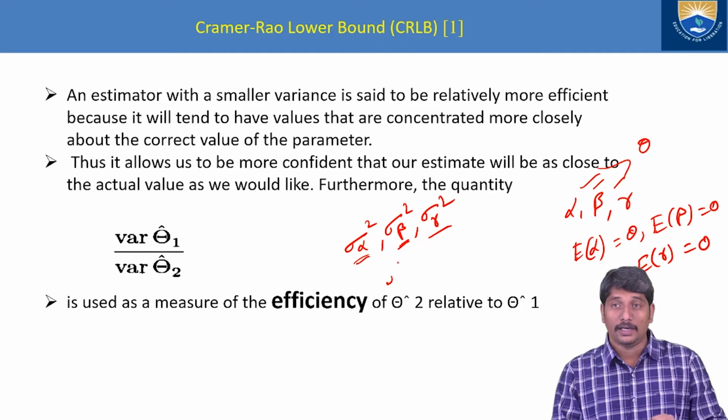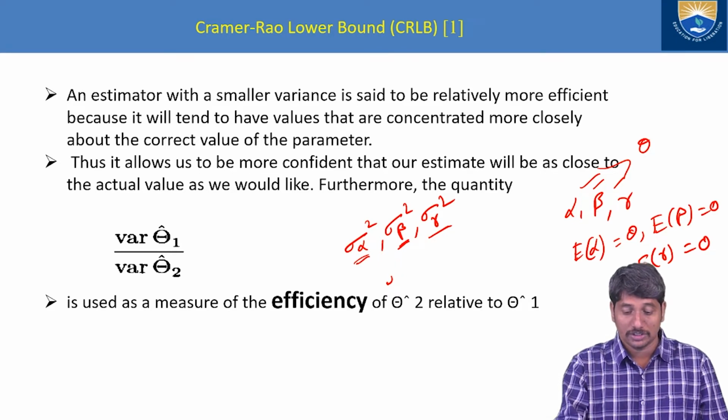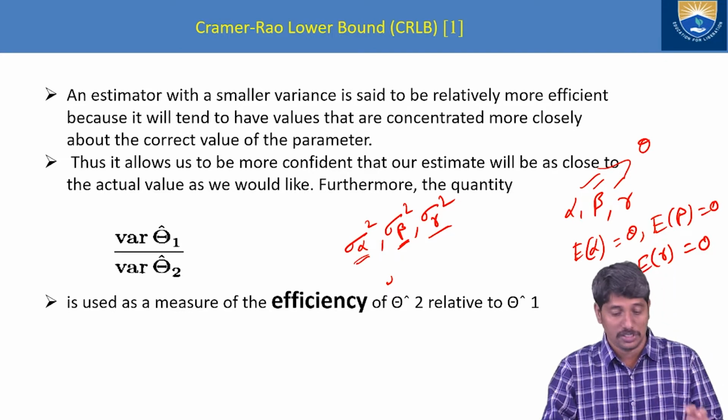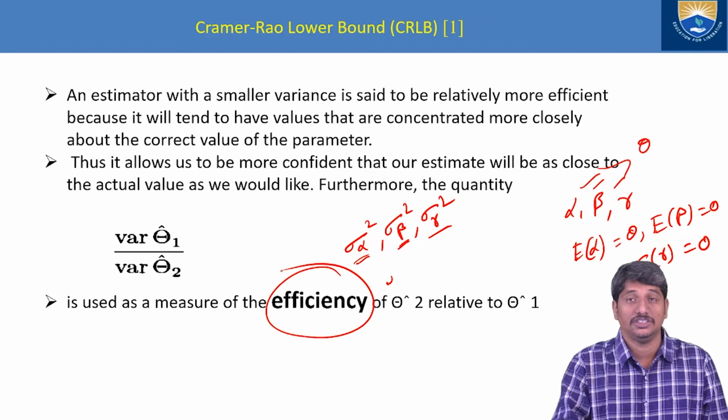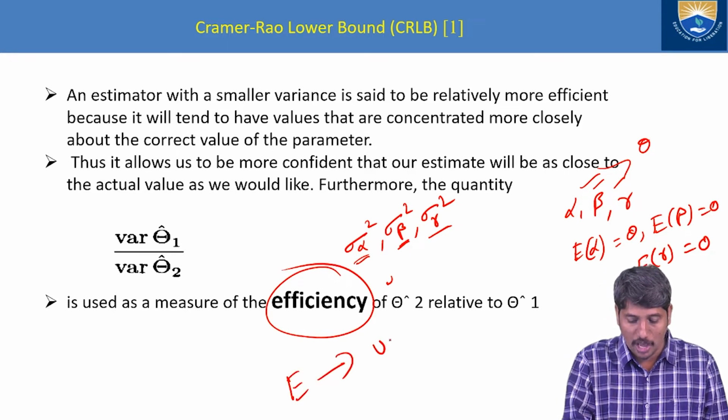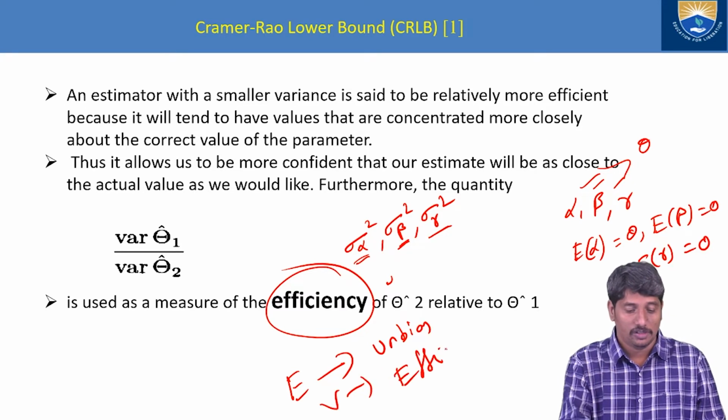So you have to pick the variance which is least of the three, and the corresponding estimator will be the efficient estimator. That means variance decides the efficiency. Expectation decides unbiasedness, whereas variance decides efficiency. So that is what we call it.